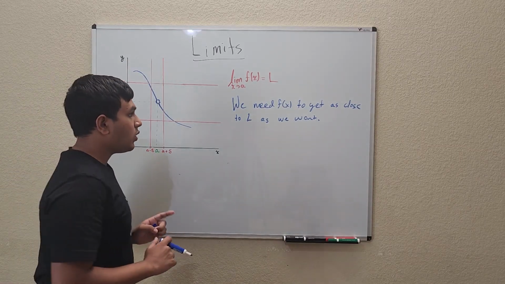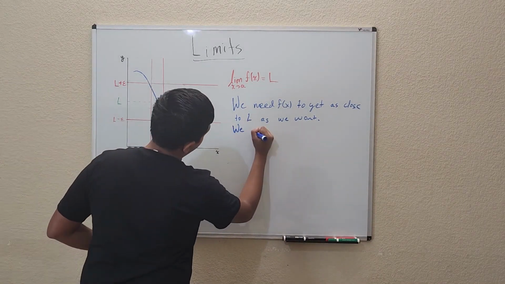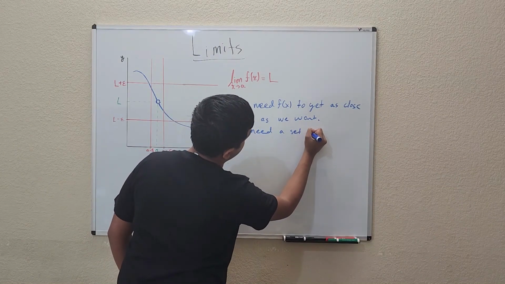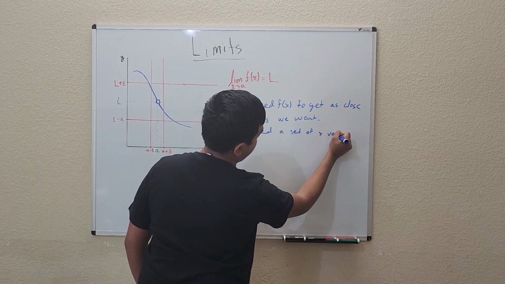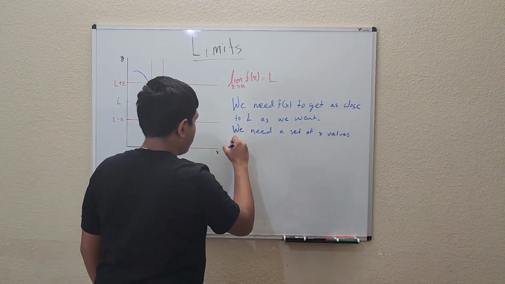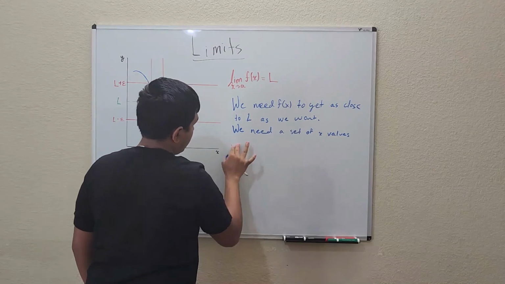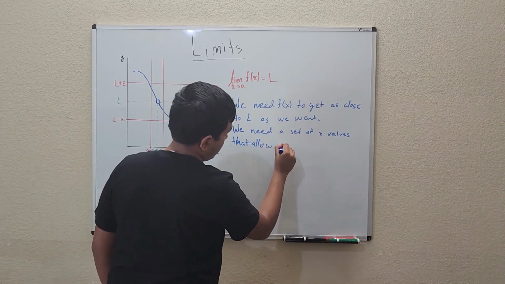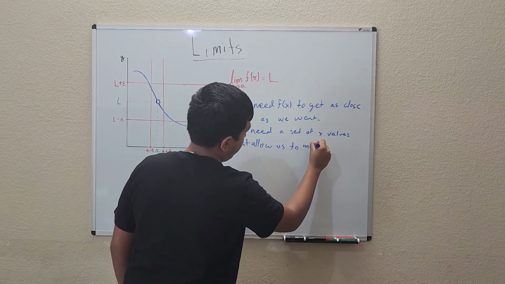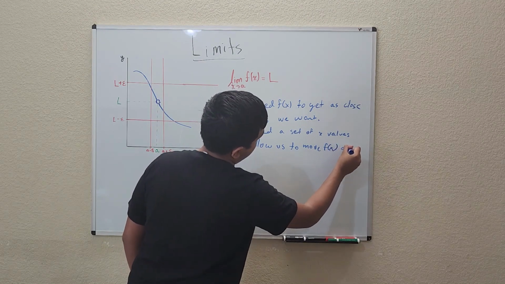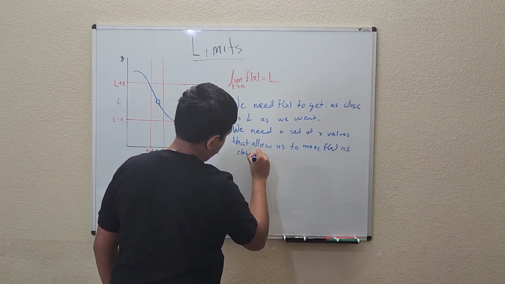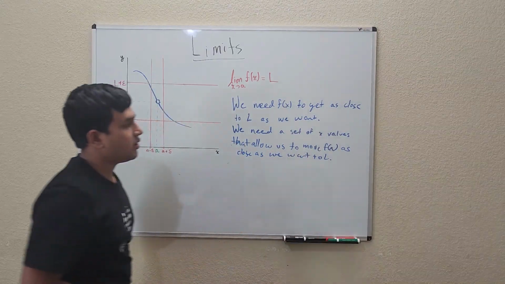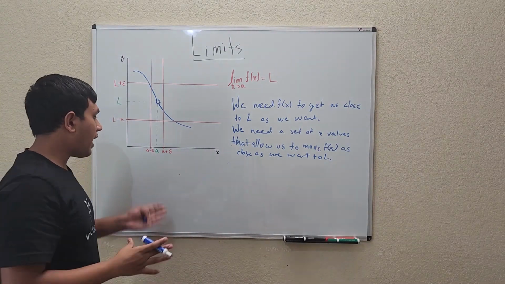Then what else do we need? We need a set of x values that allow us to move f of x as close as we want to L. Now note, this has nothing to do with what f of a is.